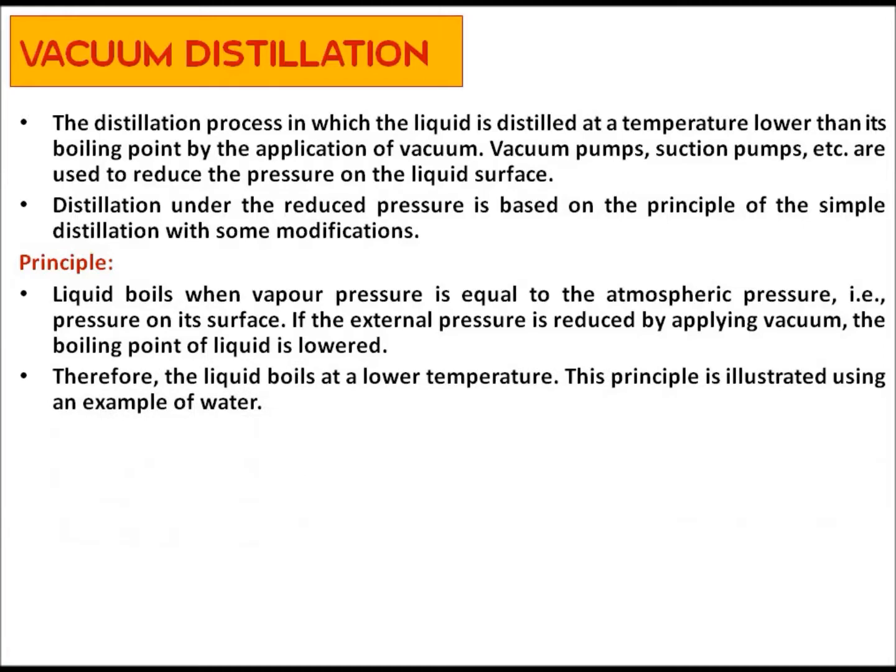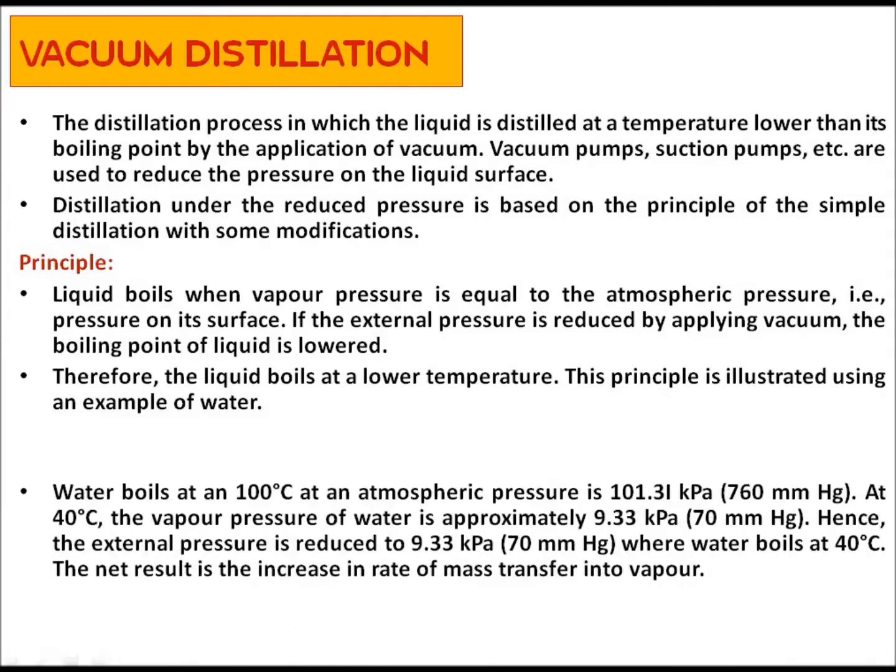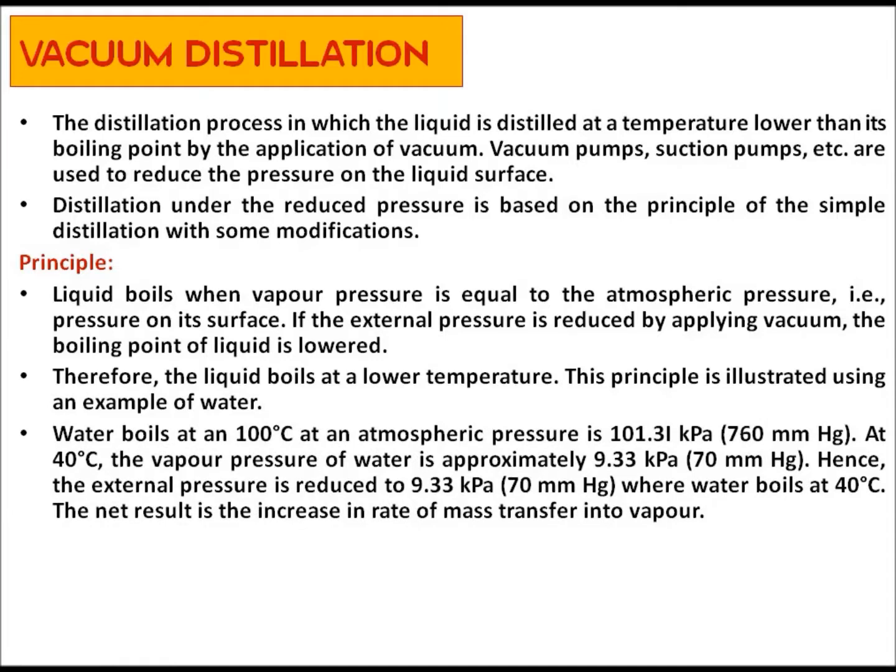So you see, the liquid boils at a lower temperature, and the principle is illustrated by using the example of water. See, water, we all know, boils at 100 degrees centigrade at atmospheric pressure, which is almost equal to 760 mmHg. This is the normal one, right?